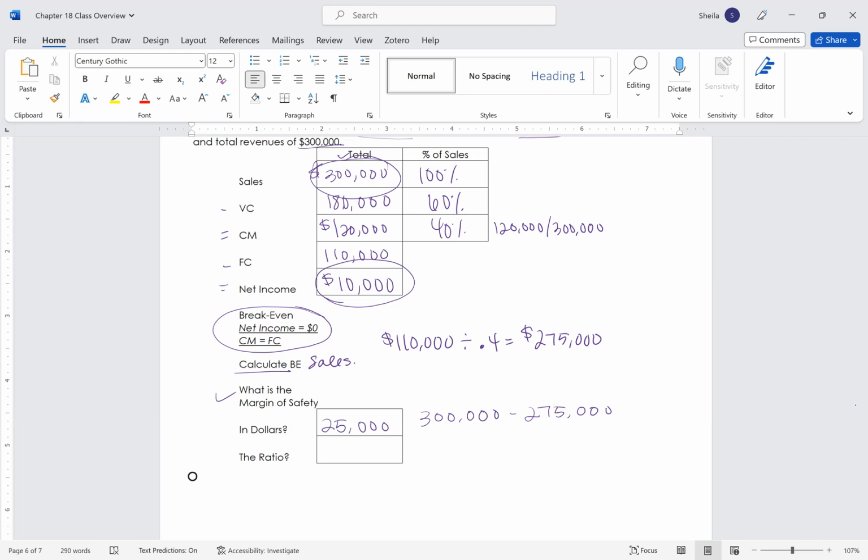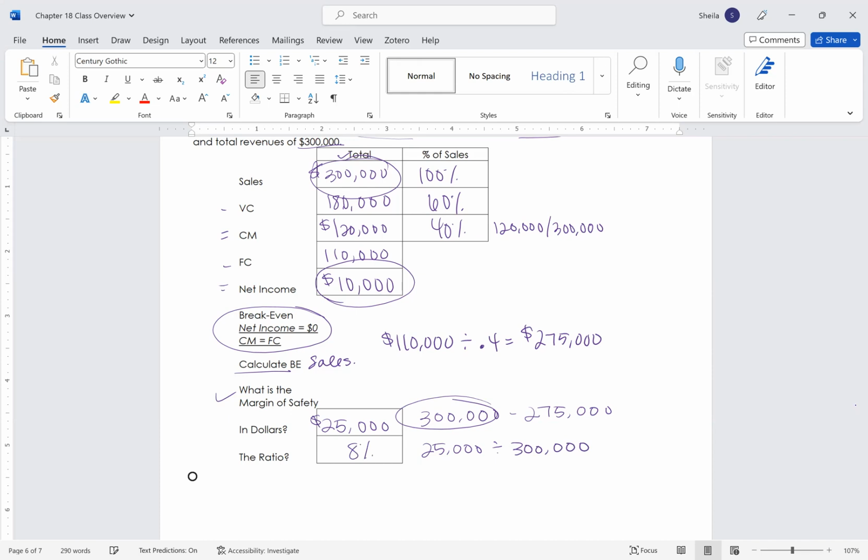Okay. But what about the ratio? The ratio just makes it a little bit easier to understand. Let's say on a scale of 0 to 100%. If we're 100%, then that's pretty good. We can lose basically 300,000. But if we only have 25,000 to lose, I take that 25,000 divided by my original or expected sales, not break-even sales, but actual or expected, I get 8%.